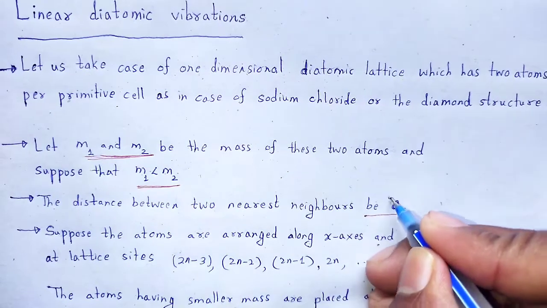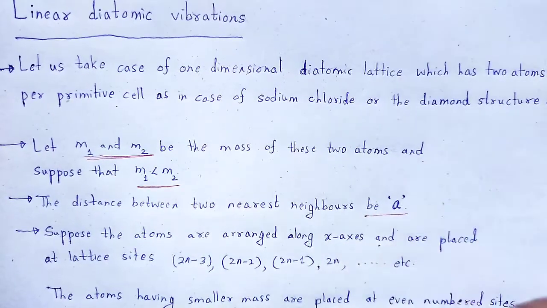Small a is the distance between these two nearest neighbor atoms.